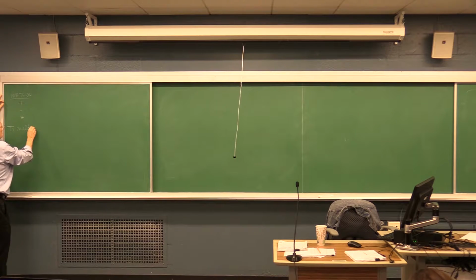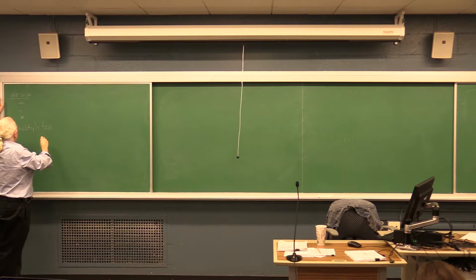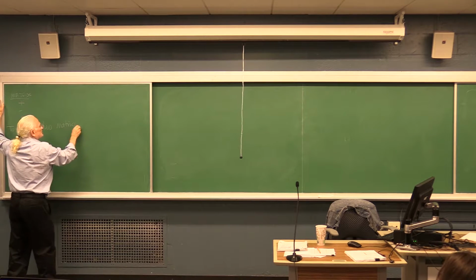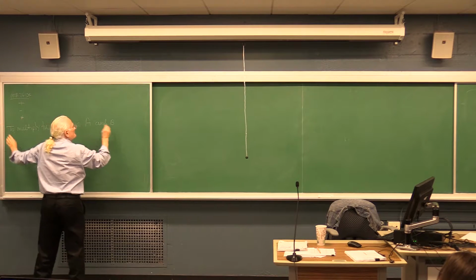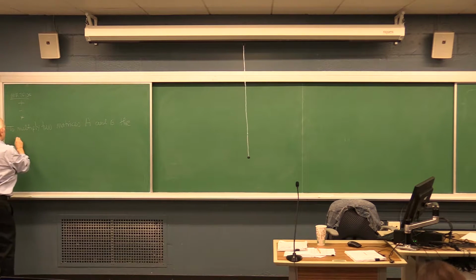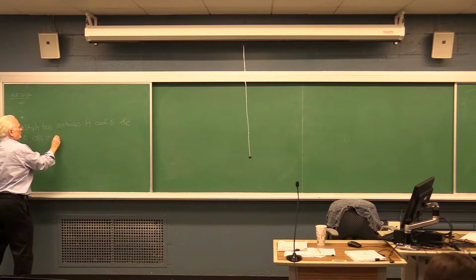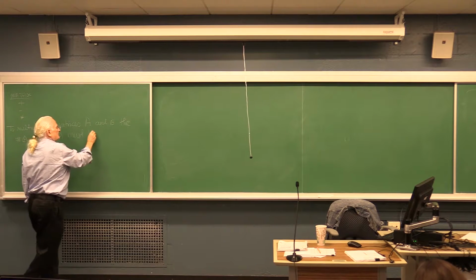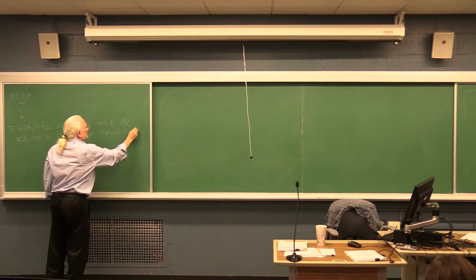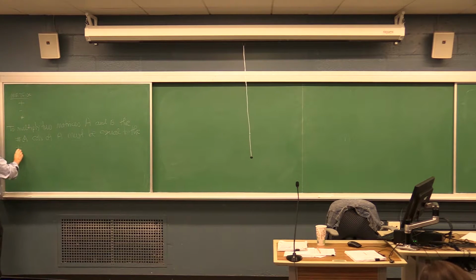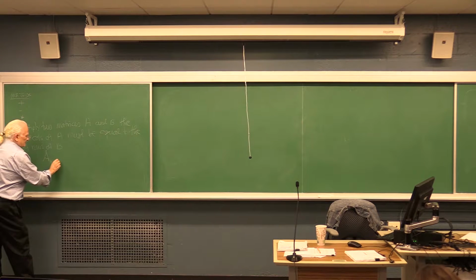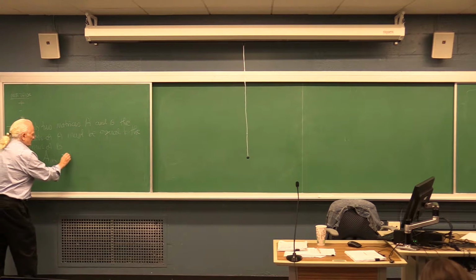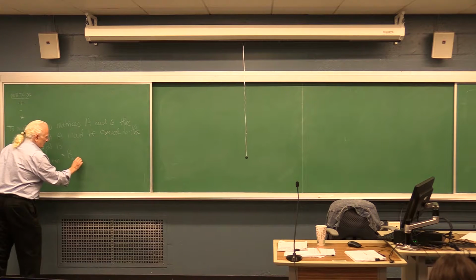To multiply two matrices A and B, the number of columns of A must be equal to the number of rows of B. So in other words, if A is m by n, and this is multiplied by B, B has to be n by r.